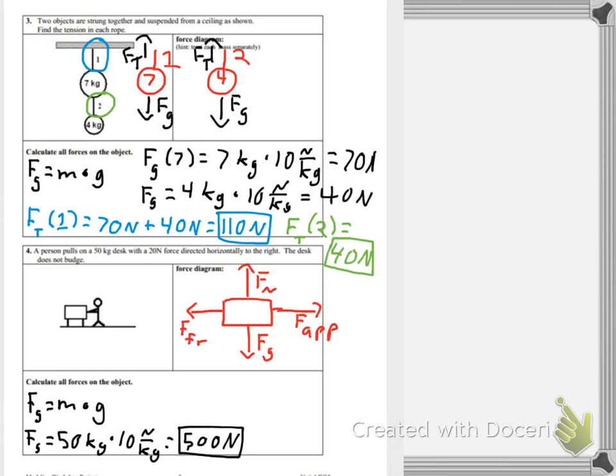Now because we have the normal force acting with it also, that 500 newtons is also the same for the normal force. So the normal force is 500 newtons.